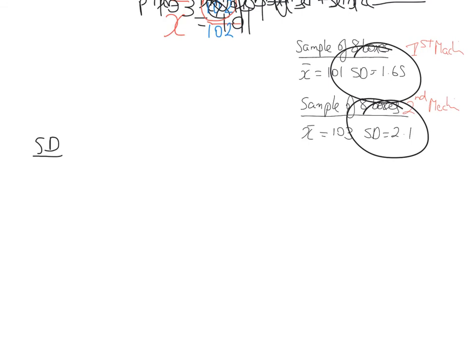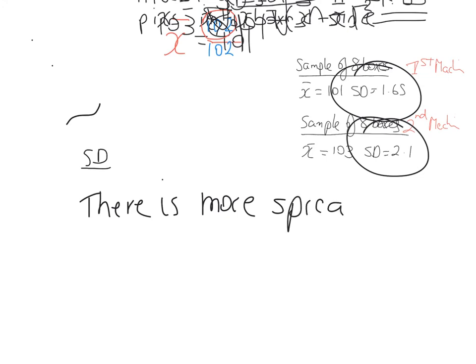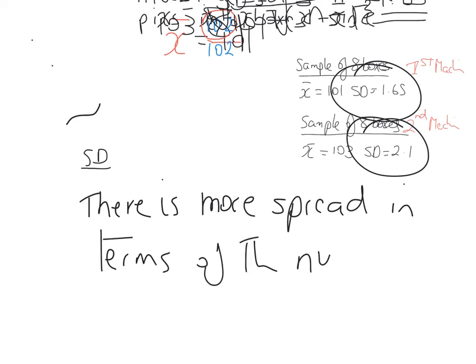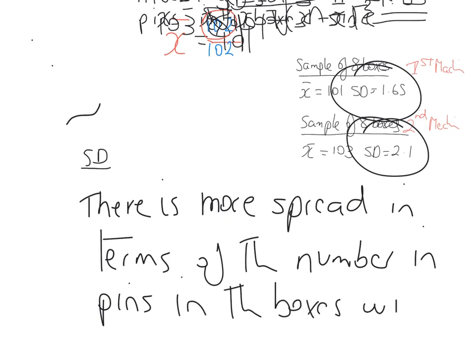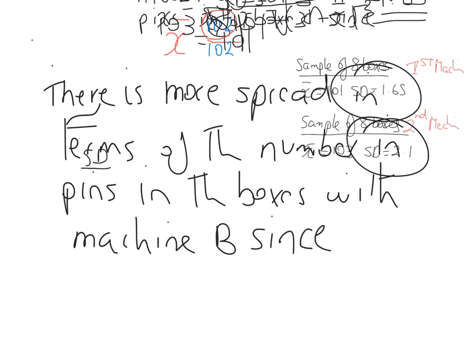Therefore, what we can say is there is more spread in terms of the number of pins in the boxes with machine B since 2.1 is greater than 1.65.